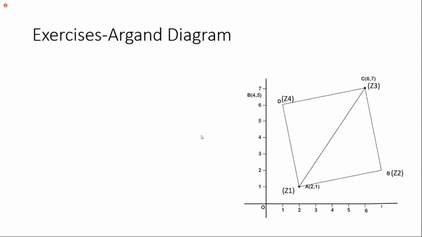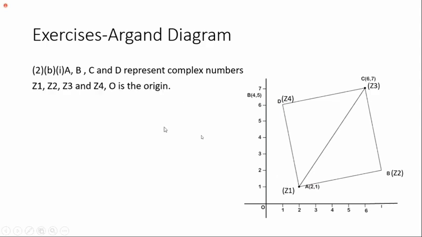See the next part. I just drew the diagram as given. See the question also printed here. Part 2b: A, B, C, D represent the complex numbers Z1, Z2, Z3, Z4. O is the origin, somewhere there.